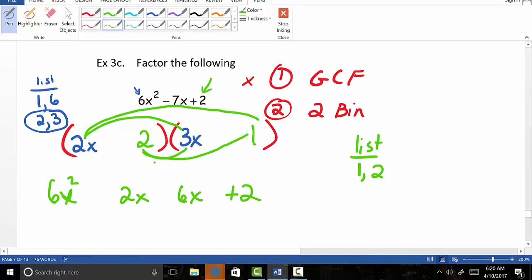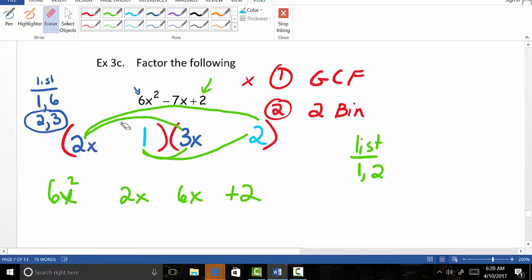So as a result, it's possible that maybe the x's need to get switched, or we generally try just the numbers without the variables first. Okay. So let's go ahead and maybe just swap the 2 and the 1. So let's go ahead and put the 1 here and our 2 right here.